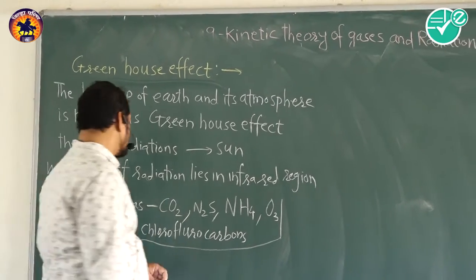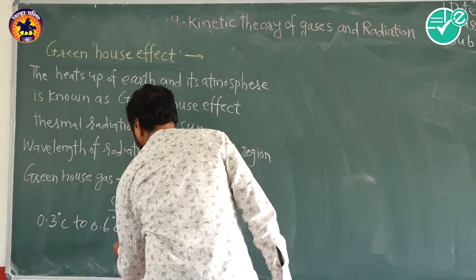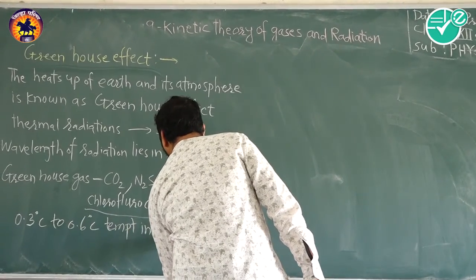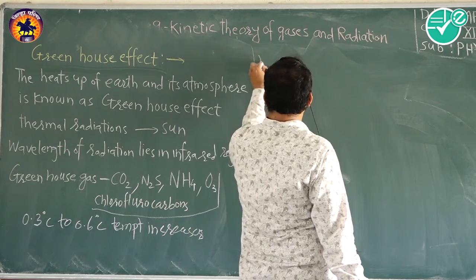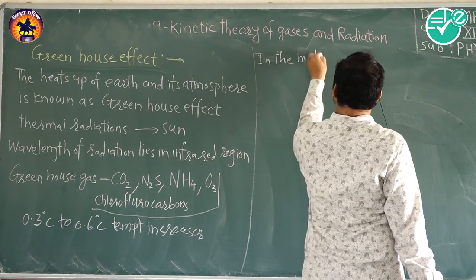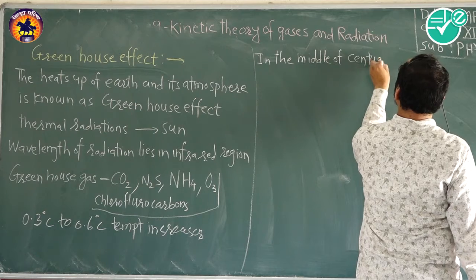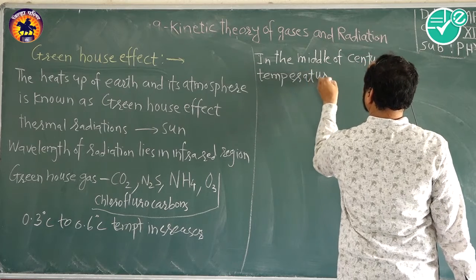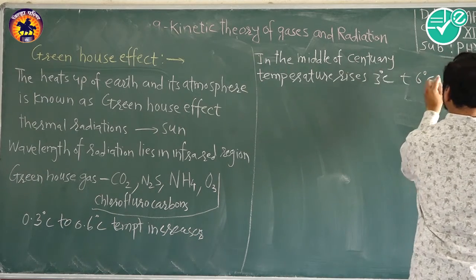The temperature increases by 0.3 degrees Celsius to 0.6 degrees Celsius, and it may be said that in the middle of the century, the temperature rises by 3 degrees Celsius to 6 degrees Celsius.